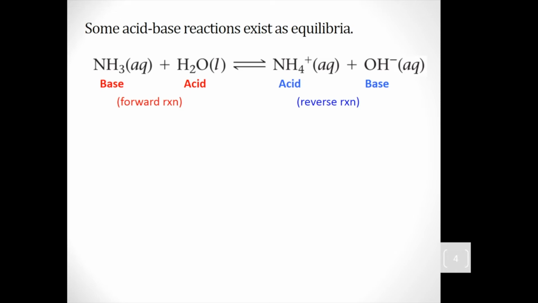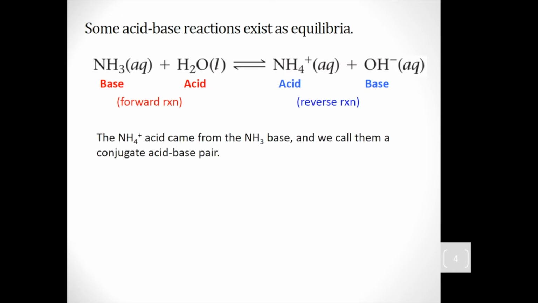Now, we connect these to each other. The NH4+ acid came from the NH3 base, so we call them a conjugate acid-base pair. When I added a proton to NH3, I got NH4+.